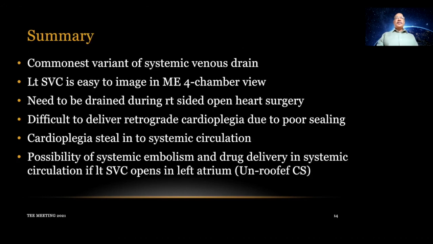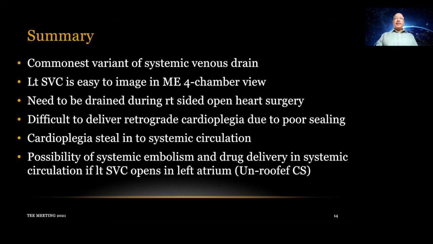So to summarize, left SVC is the commonest variant of systemic venous drainage. Left SVC is easy to image in the mid-esophageal four-chamber view. Left SVC needs to be drained during right-sided open heart surgery. In the presence of left SVC, it is difficult to deliver retrograde cardioplegia.